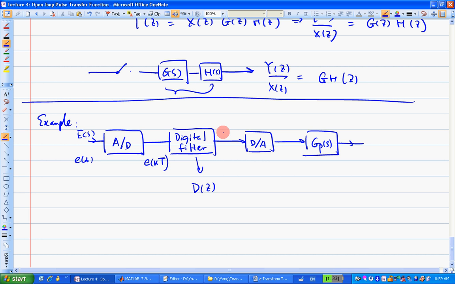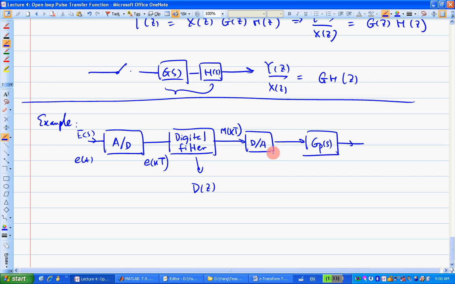What's coming out of the digital filter is still a discrete signal, which is given to a digital to analog block. That block converts to analog, but usually it does not just convert; it also contains a zero order hold.